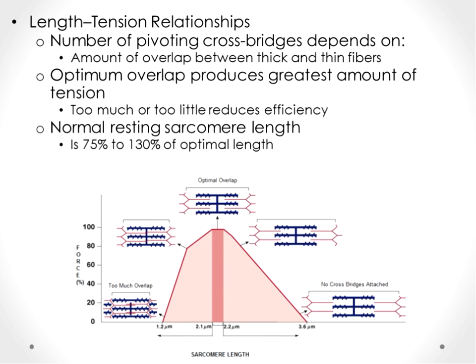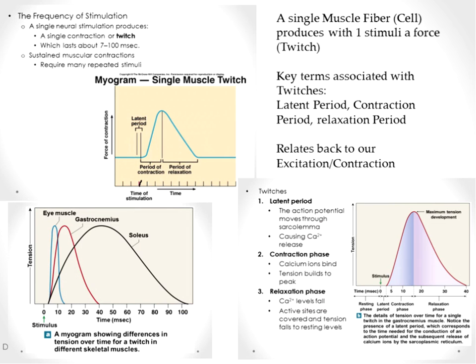If it is in an optimal position, I'm going to get the maximal amount. If it starts to be stretched out a little bit too much, I won't get as much force production. And if there's no overlap when I start, I won't get any force production. All right? And for most of our muscles, they start and they sit here, and so getting a little bit of stretch actually puts them in a more optimal position.